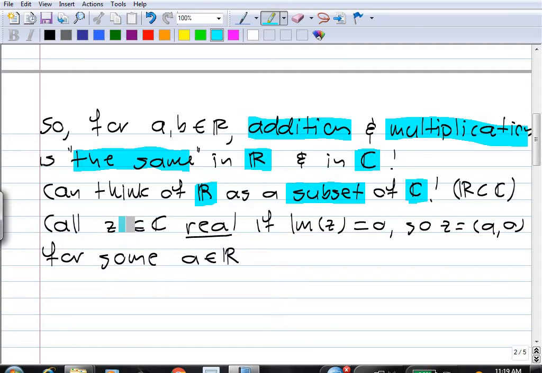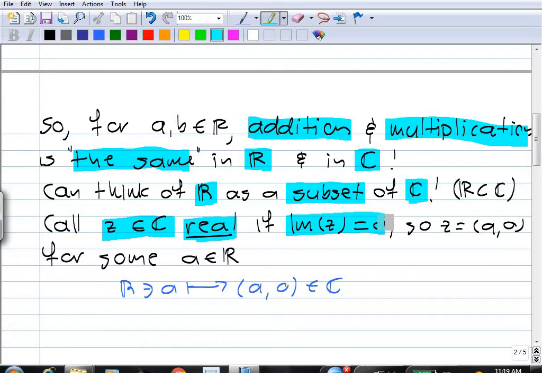And based on the way in which we associate a real number with a complex number, in other words, remember we said we take the real number a and we send it to the complex number (a, 0), we call a complex number z real if its imaginary part is 0. So in other words, precisely when z is of the form (a, 0) for some real number a. Okay.